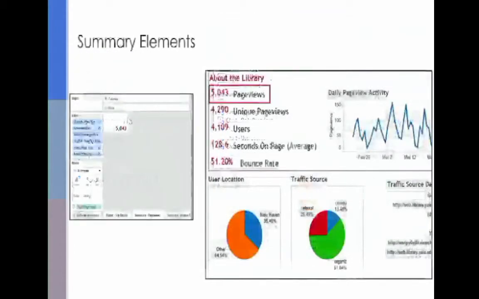All right, so the first thing is a summary element. The summary elements are basically even simpler than the page views dynamic line report. If you look at the dashboard in the workbook area, it's basically one value. It's just one value, the total number of page views, with a lot of filters and actions associated with it.